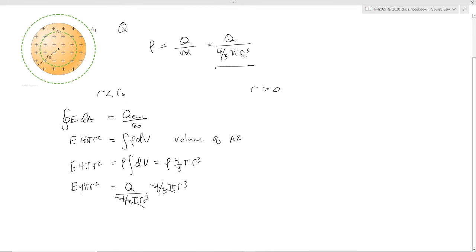And then we have that this E, well, I'll just write it again here. Ooh, I dropped an epsilon naught somewhere. Q. Sorry.